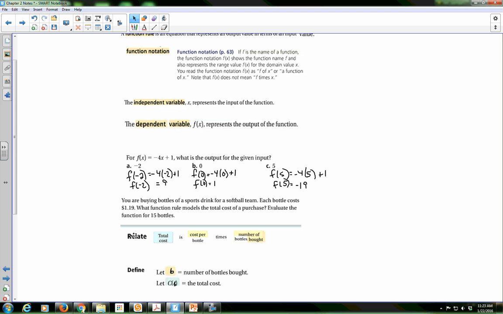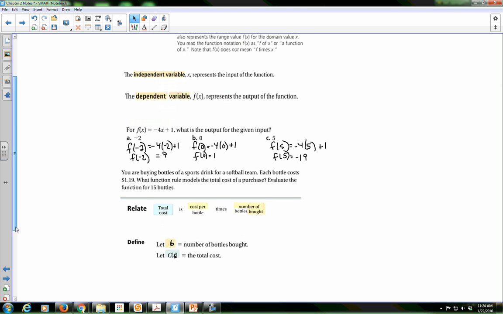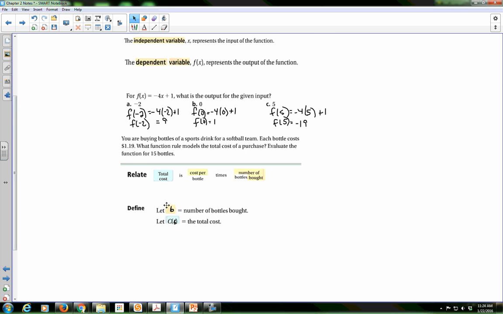Okay, so here's where we're going to relate all these things together. We have a total cost. Our total cost is whatever our cost per bottle times the number of bottles that we're going to buy. So we need to define some variables. We're going to let B equal number of bottles bought and C of B equal the total cost.